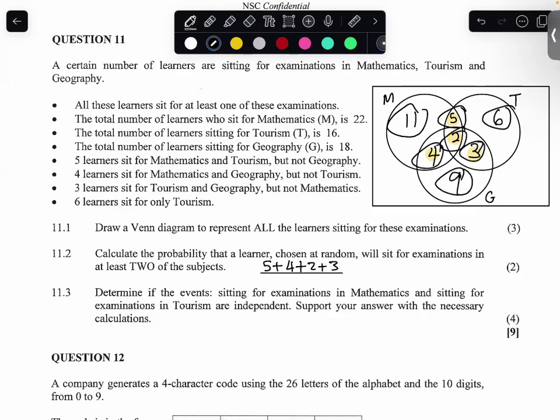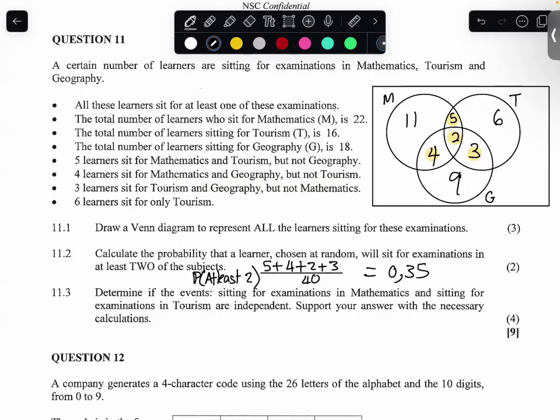And the total amount of students is 40. And then you get your answer. Your answer here is 0.35. That's the probability that a learner chosen at random will sit for at least 2. Probability of at least 2 subjects.